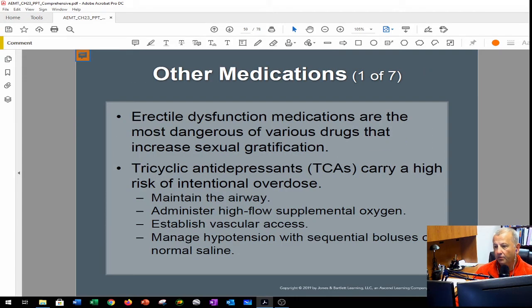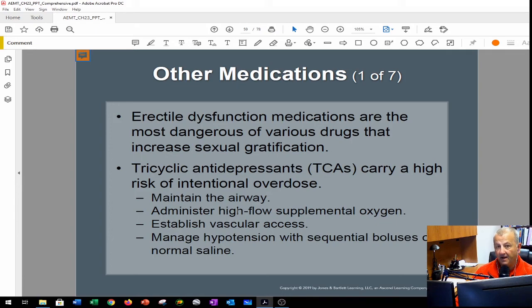All right, so when we're talking about tricyclic antidepressant drugs, they're antidepressants, so we already have somebody who's depressed taking the medication. That makes them a high risk for intentional overdose.